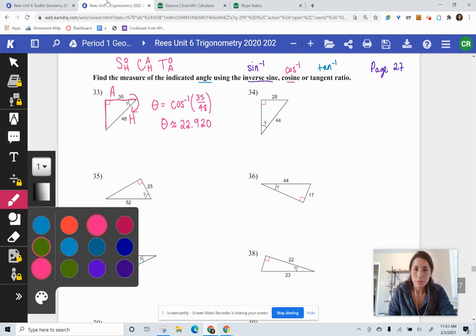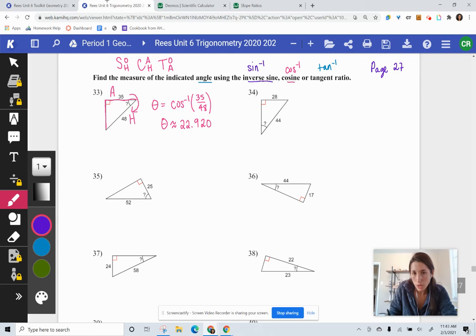All right, I want to do a couple with you, so let's look at the next one here. From this angle, we're solving for a question mark. Remember, these are the legs. One leg is blank, but the leg opposite is this side here, and this is the hypotenuse. Remember, hypotenuse is always across from the right angle. So we have an opposite and hypotenuse. Is it sine, cosine, tangent? O and H, that is a sine ratio.